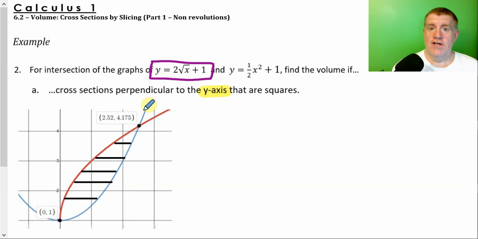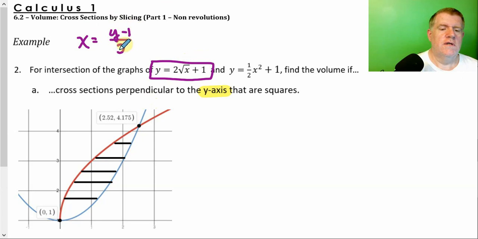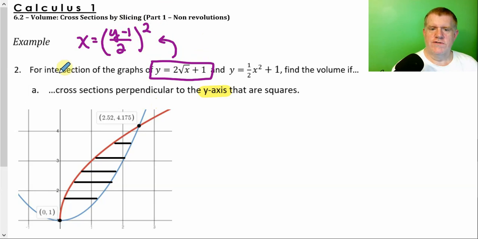So let's solve for x and see what we need to do. Let's see if we can do this pretty easily. I'd have to subtract 1 from both sides, so y minus 1, then divide by 2. And then the opposite of square rooting would be a square. So this equation, written in terms of x, is that. Those are the same equations.